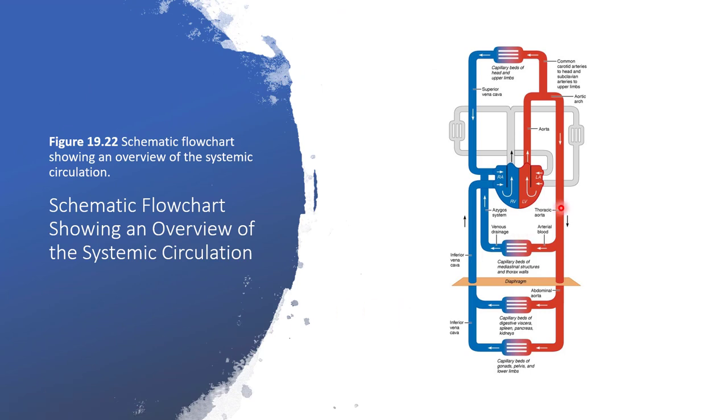And this is a schematic flow of blood outside of the pulmonary, which is the systemic. The blood is pumped by the heart through the aorta, and it goes into the systemic circulation, and then capillaries pick it up and it is perfused into the tissues, then back into the veins, and then back into the right side of the heart.